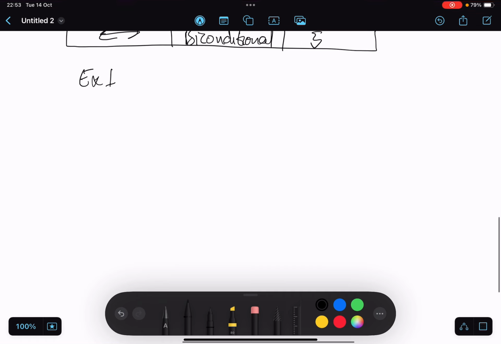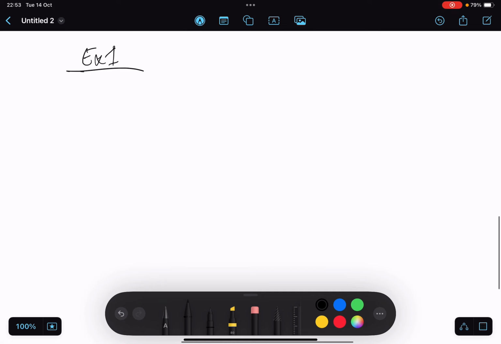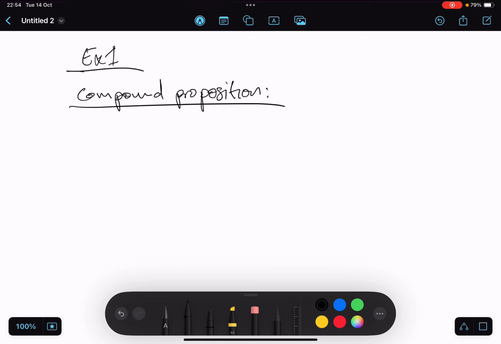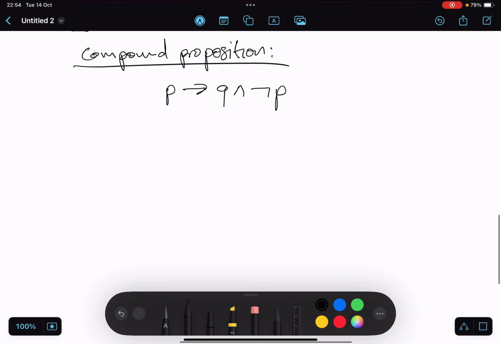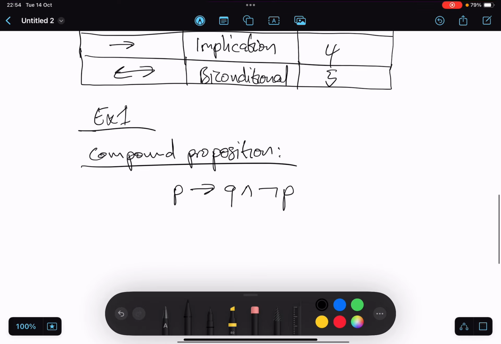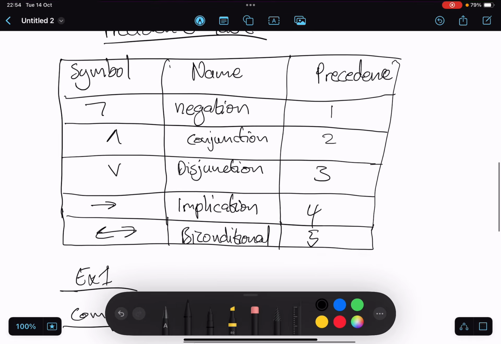We are given a compound proposition: P implies Q and negation of P. We want to simplify it using the precedency table.